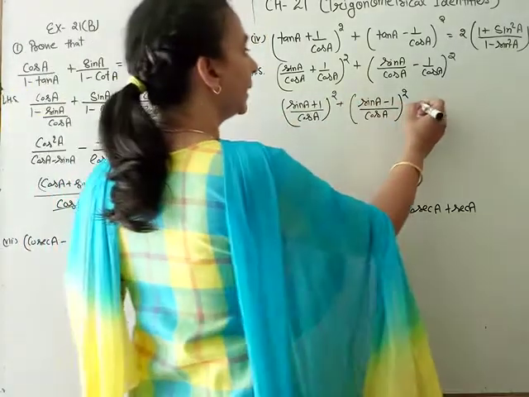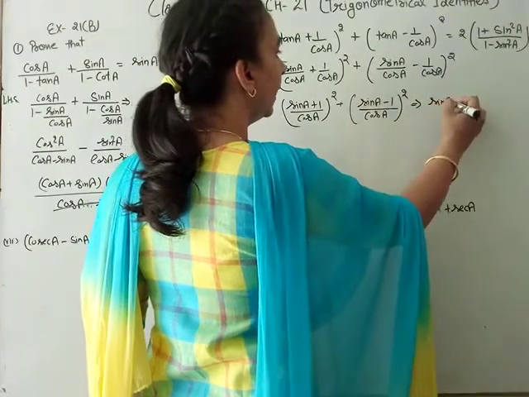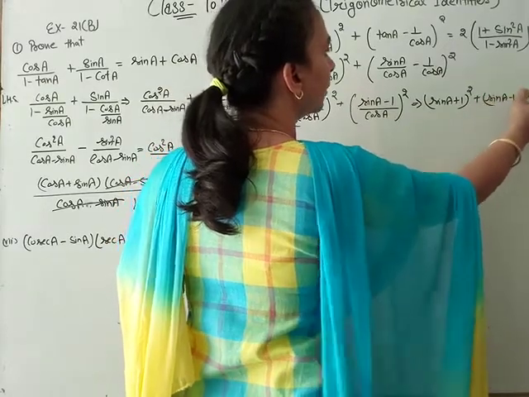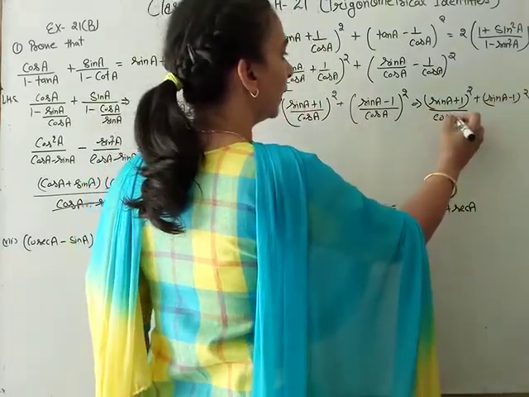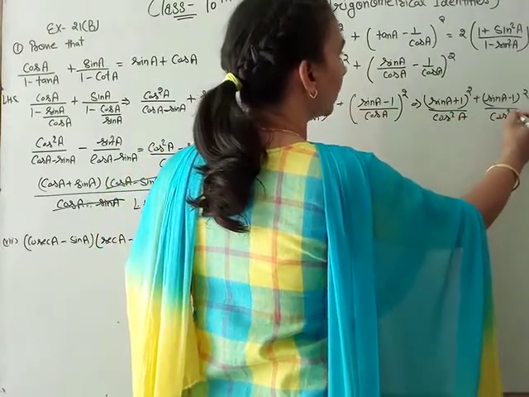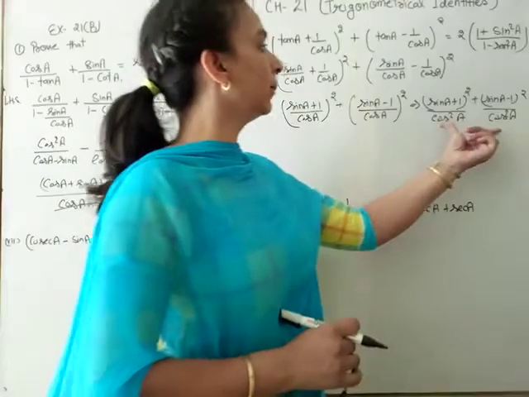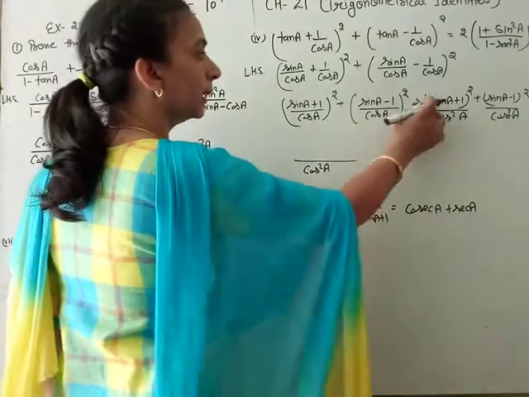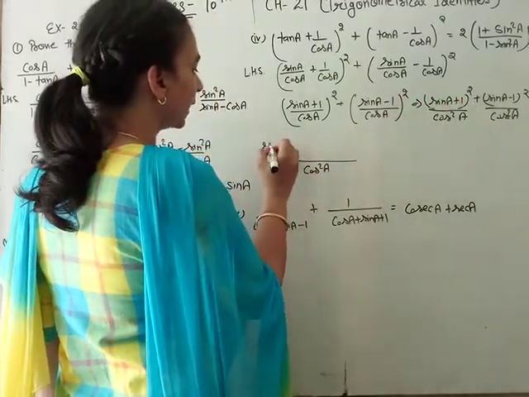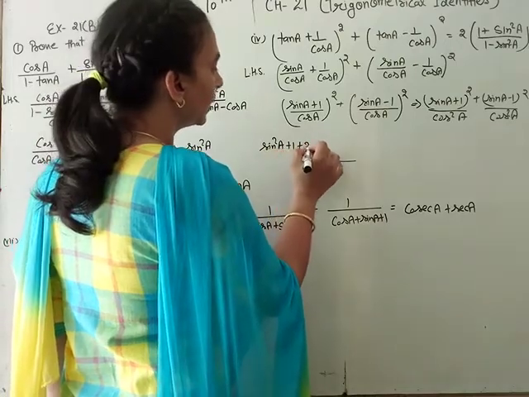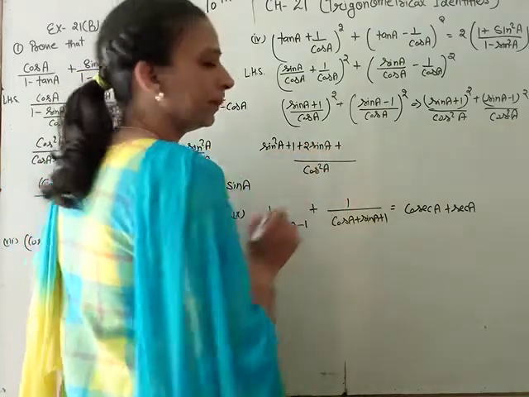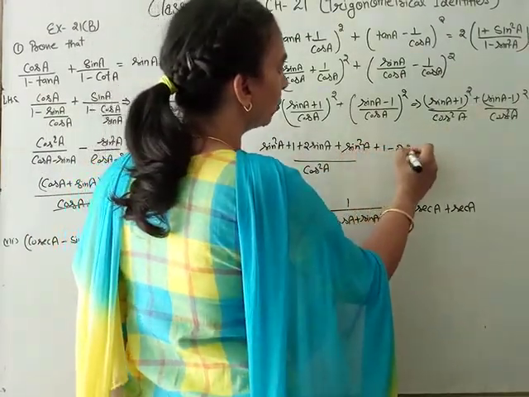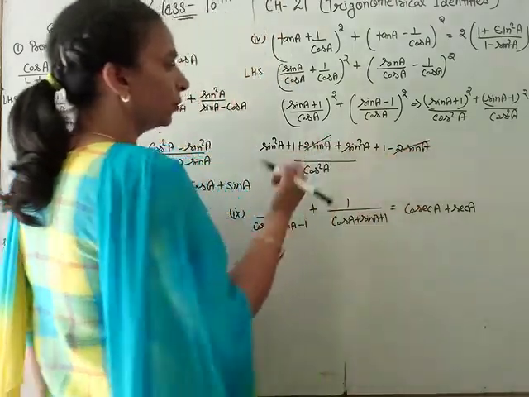This implies that (sin A plus 1) whole square plus (sin A minus 1) whole square, over cos square A. Next we solve this: sin square A plus 1 plus 2 sin A, identity of (a plus b) whole square, and same as it is, sin square A plus 1 minus 2 sin A. 2 sin A and 2 sin A cancel.